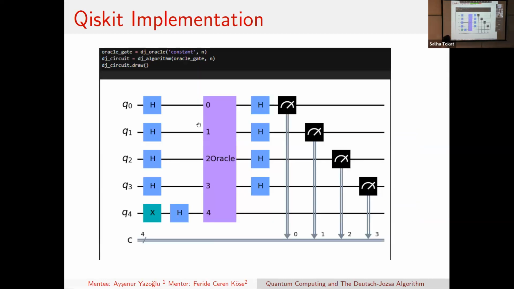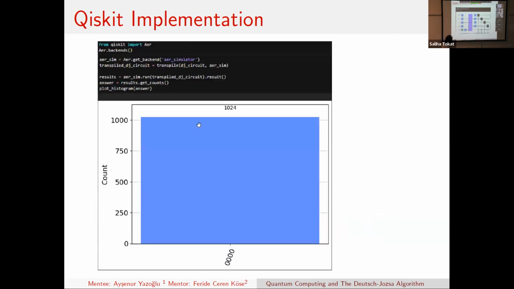When we visualize it, we have this picture and we choose our function to be constant for this version. After executing the algorithm in simulation, because the function is constant, what we have is state 0 with 100% probability.